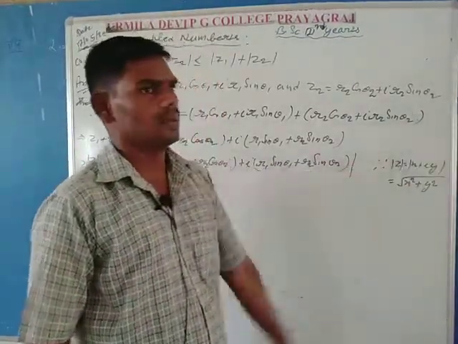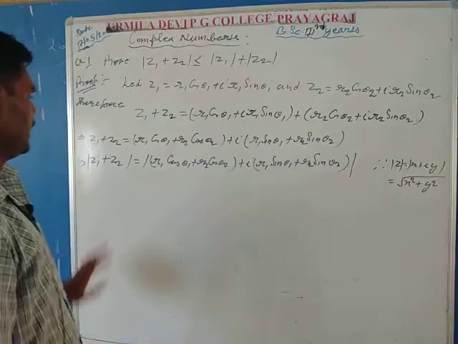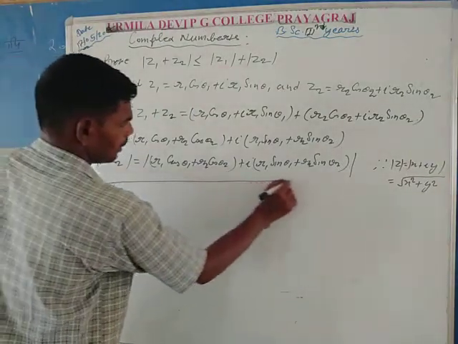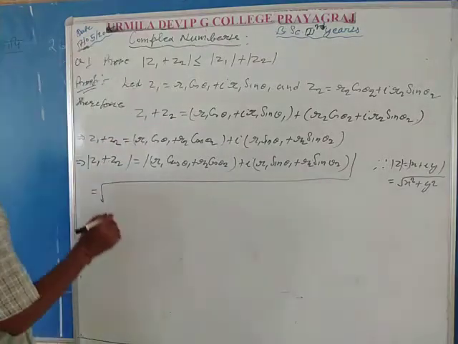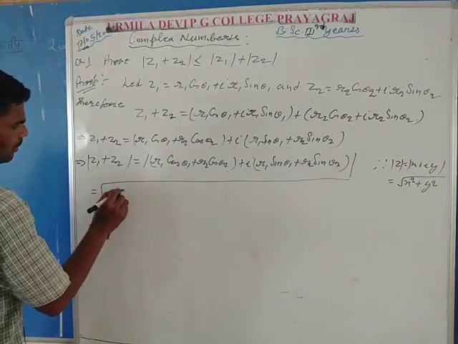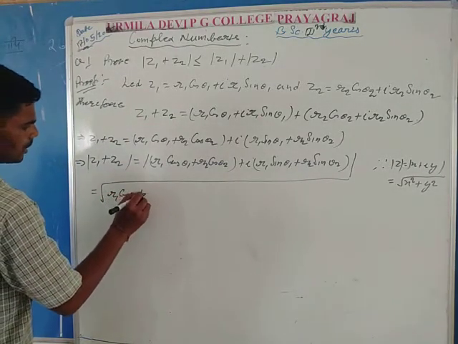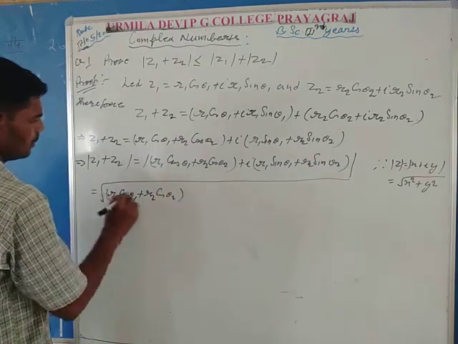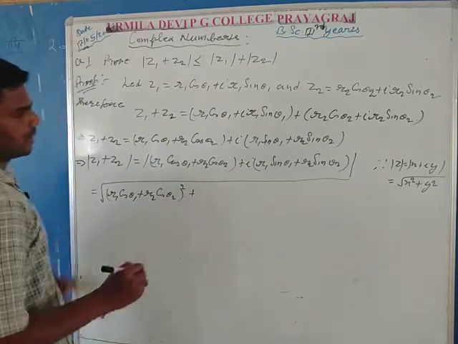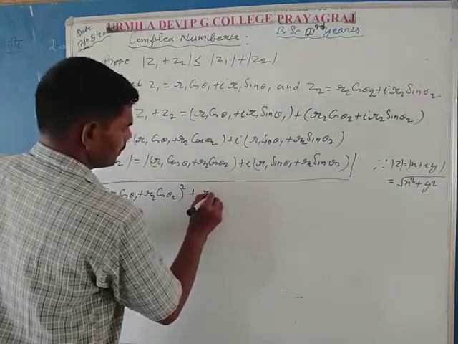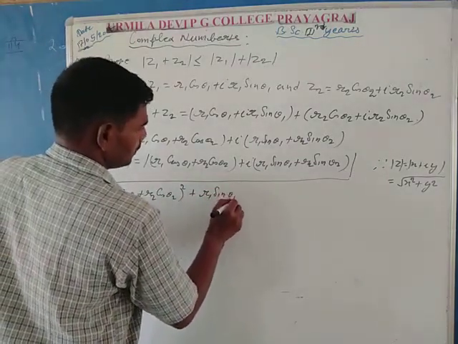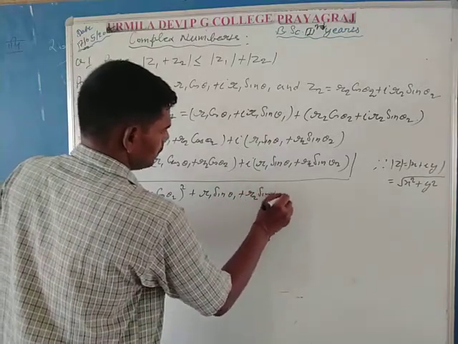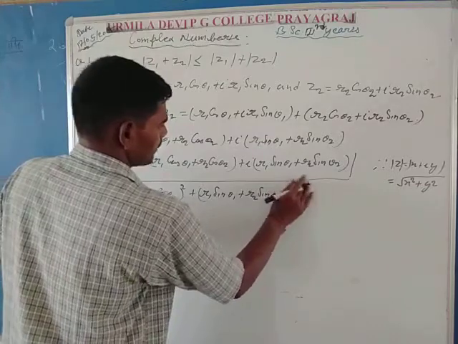So applying this formula, it is equal to the square root of the real part, R1 cos theta 1 plus R2 cos theta 2 whole square, plus R1 sin theta 1 plus R2 sin theta 2 whole square.